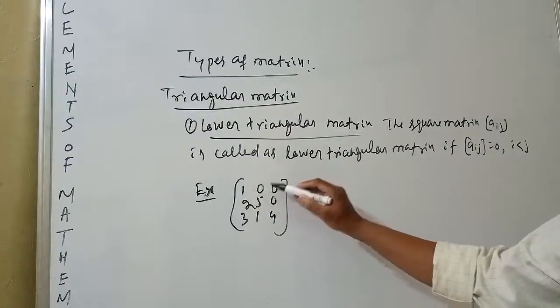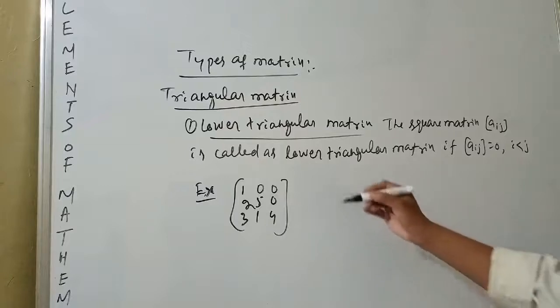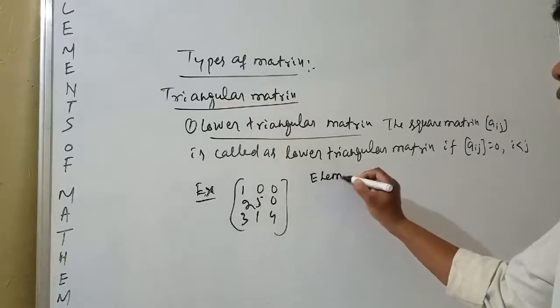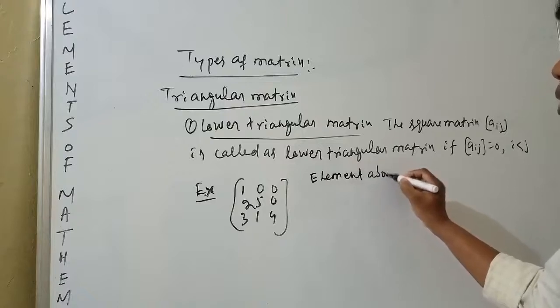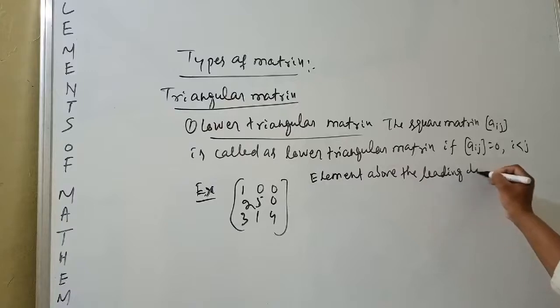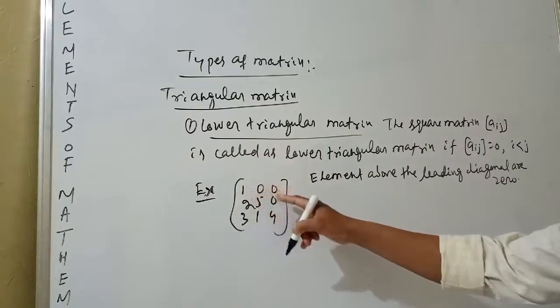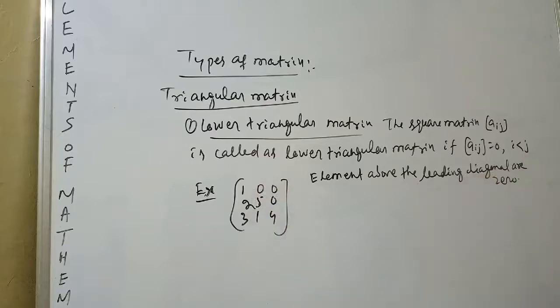The elements above the leading diagonal are 0, all are 0 above the leading diagonal.